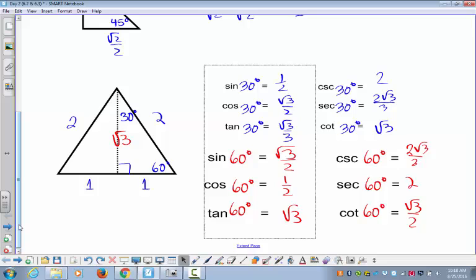Those three ratios, anytime you see one of those three ratios, then you should be thinking special angle. There should be a big bell that goes off in your head when you see one of those ratios, and that bell should be telling you that you're dealing with a special angle, a multiple of 30 or 45.